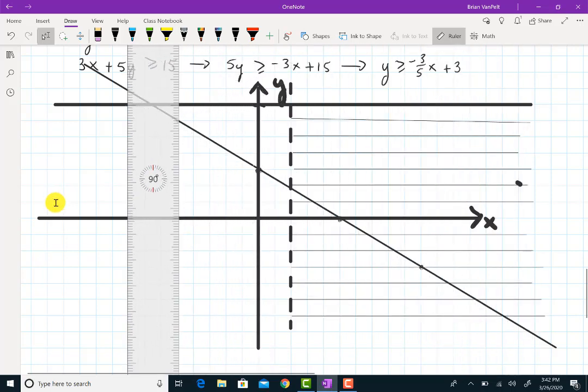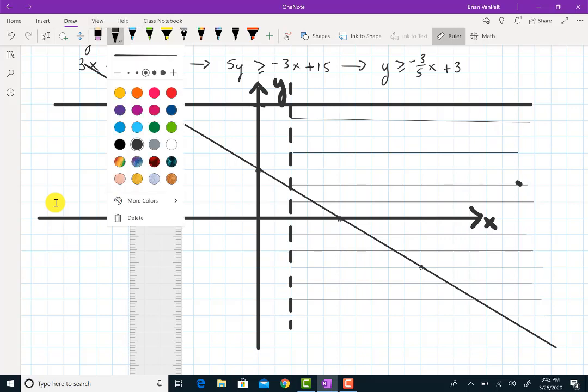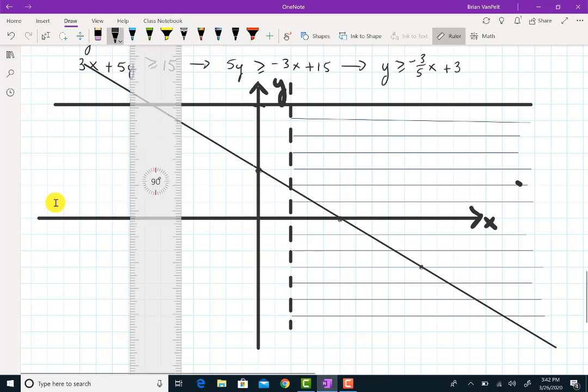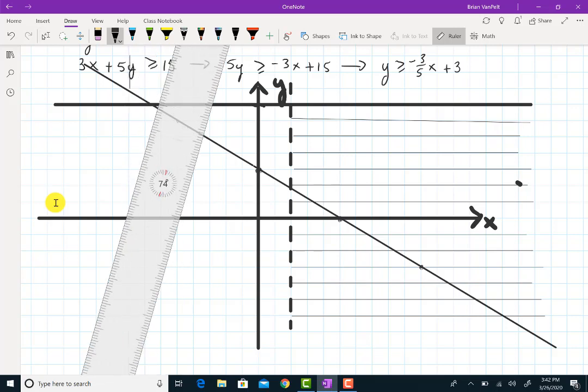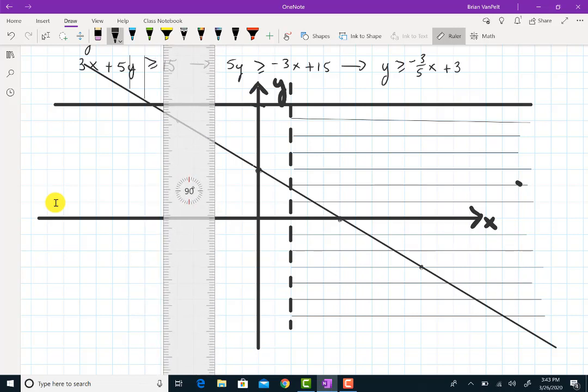So that means all throughout the existence of the line, let me go and shade. I don't like it. It should move for me, but it's not.